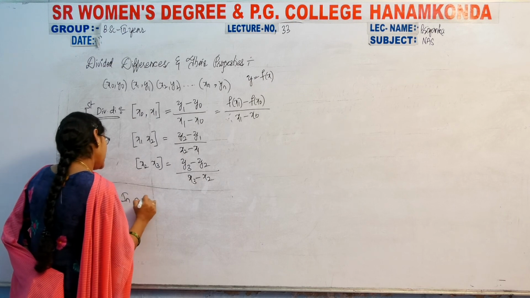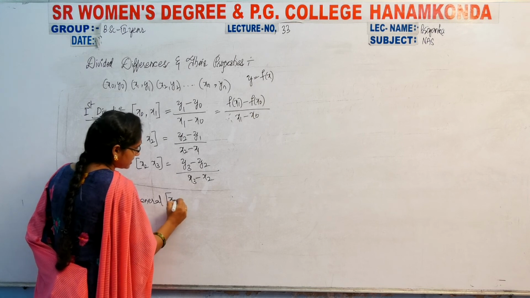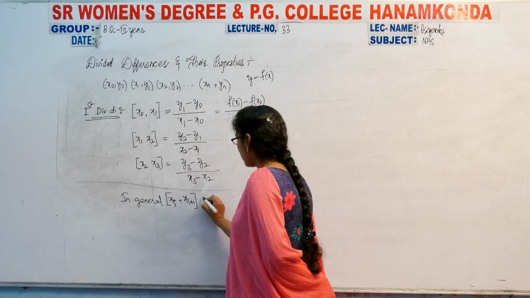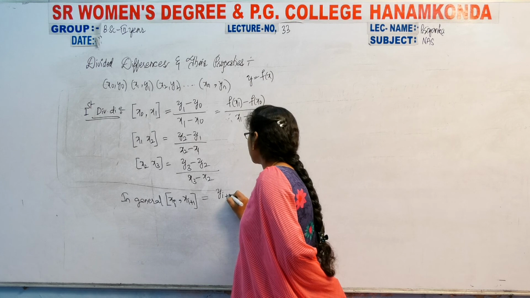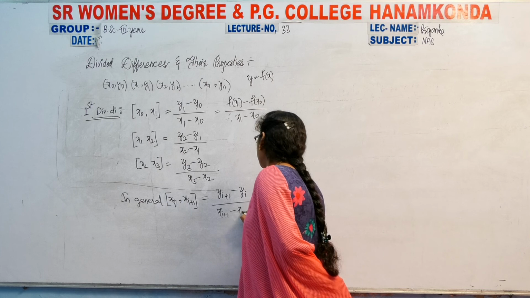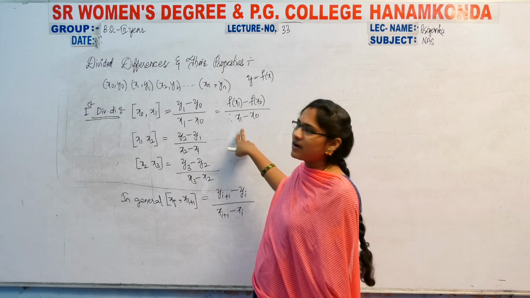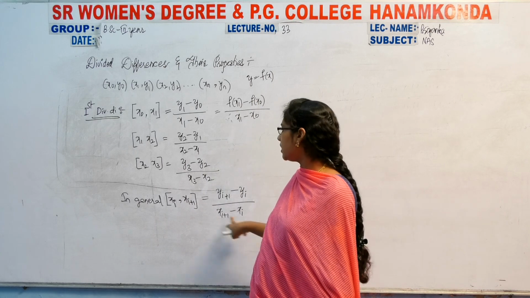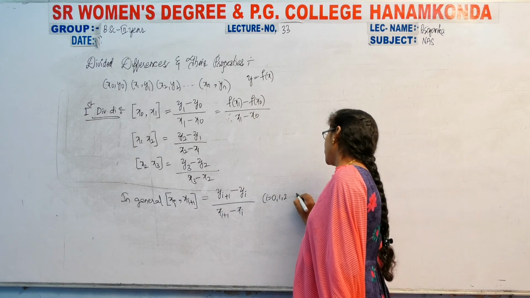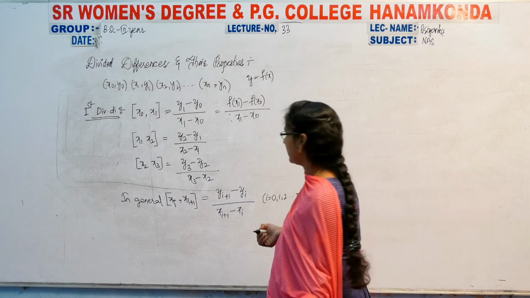So in general, [xi, xi plus 1] is equal to yi plus 1 minus yi by xi plus 1 minus xi. So this is nothing but the formula for first divided differences, simple thing, and you can put any value here, i is equal to 0, 1, 2 up to n. Okay, so this is the first divided difference formula. I hope you will understand easily.